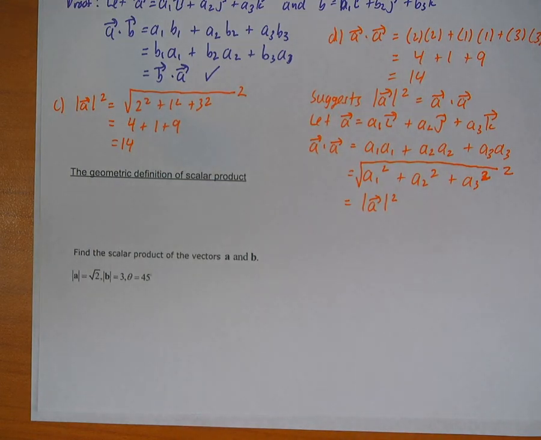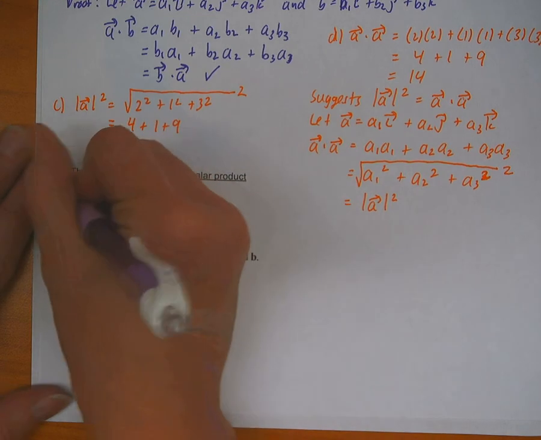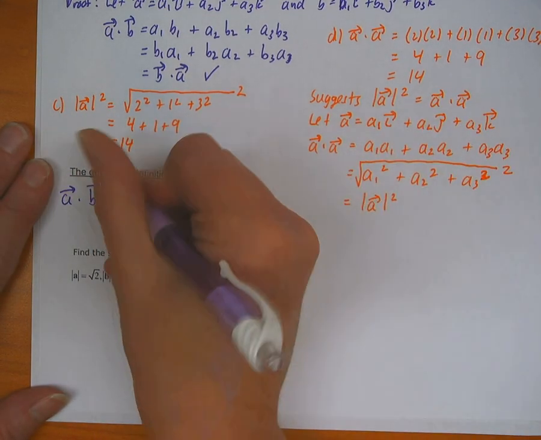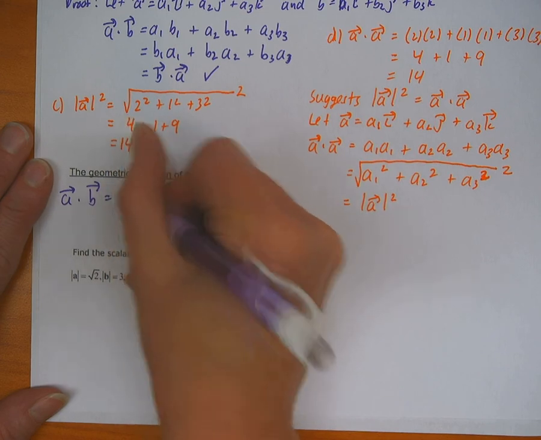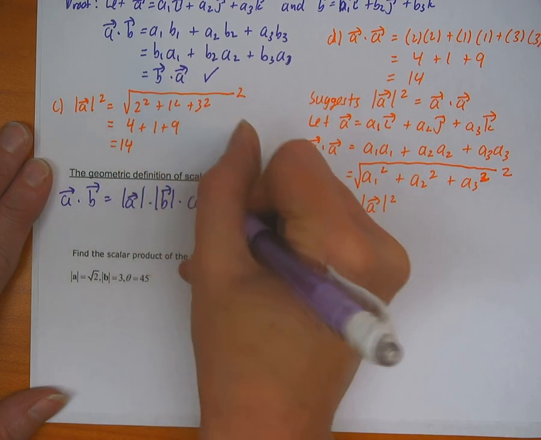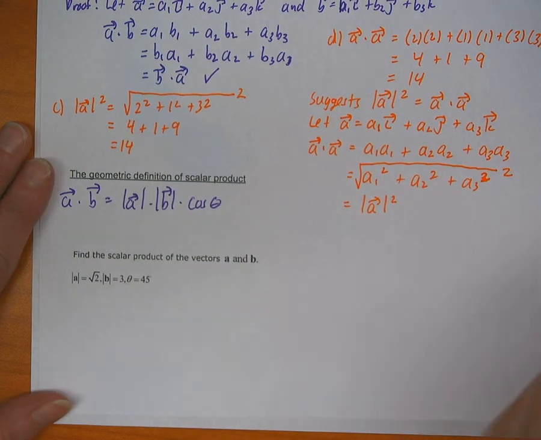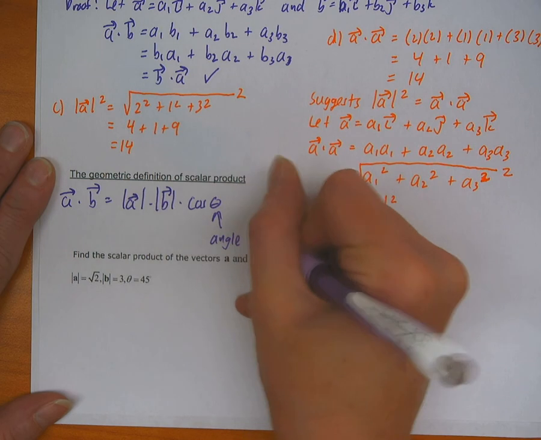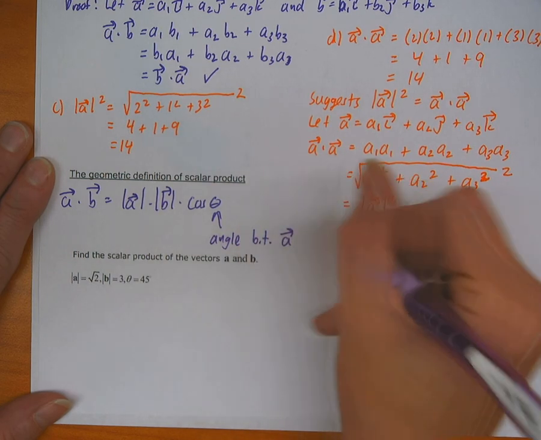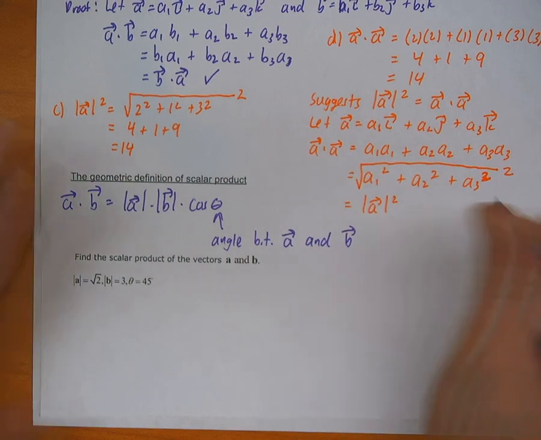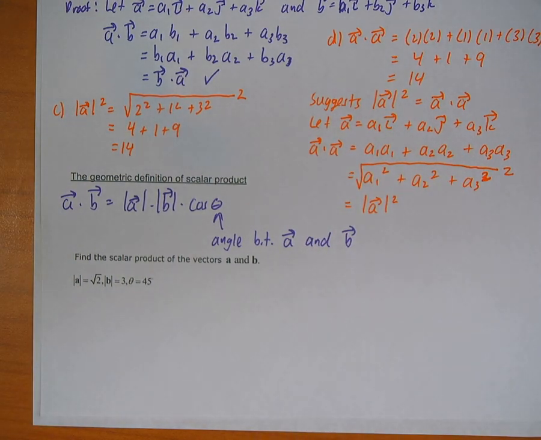The geometric definition is if you do A dot B, it's the magnitude of vector A times the magnitude of vector B times cosine theta. Theta is the angle between vector A and vector B. So we have two definitions for this.